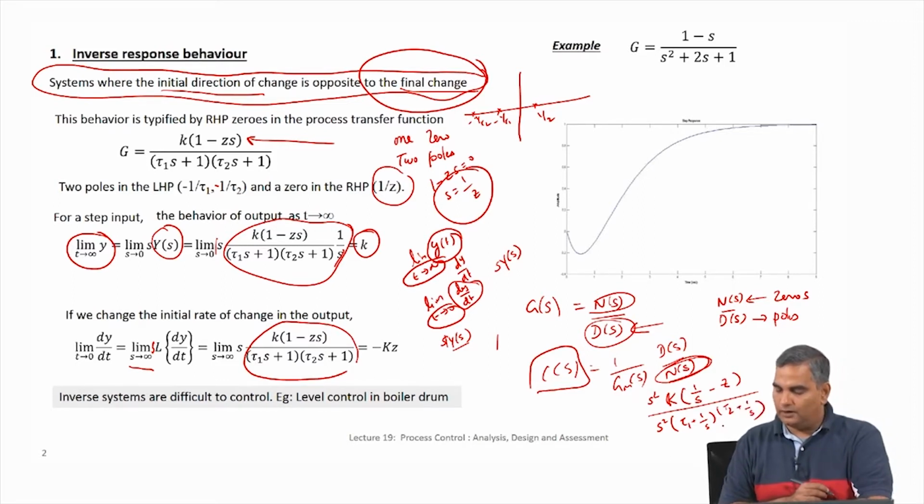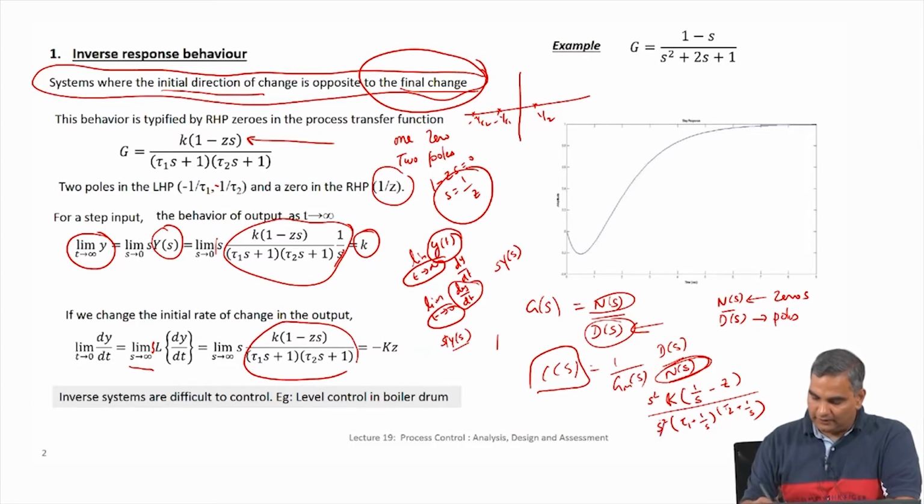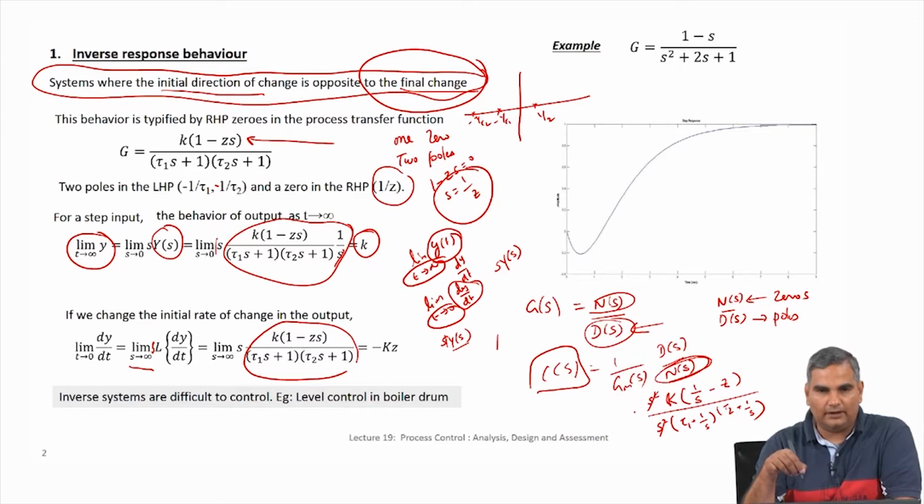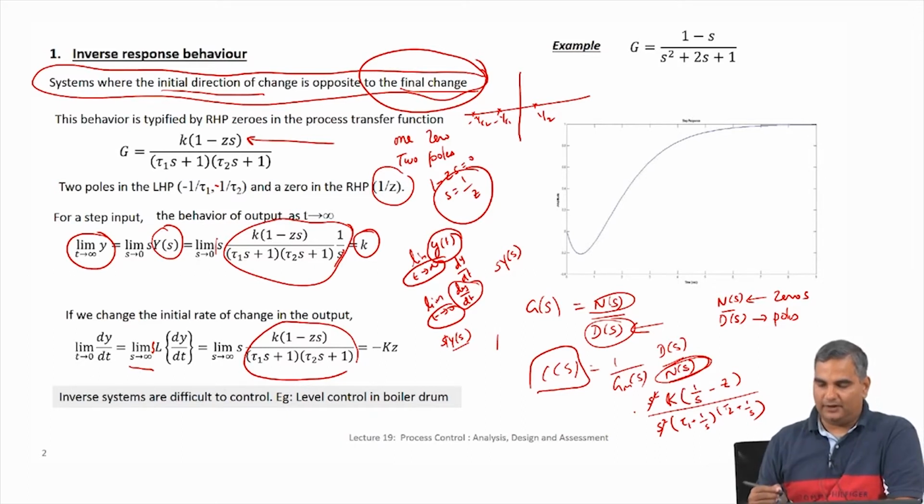So, this is what I will have. Now, this s squared and s squared I can cancel, and then when I substitute s equal to infinity, you will see that I will get a negative rate of change. So, what it basically says is that the final change, while it is positive, the initial rate of change is negative. Let us take an example to understand this.